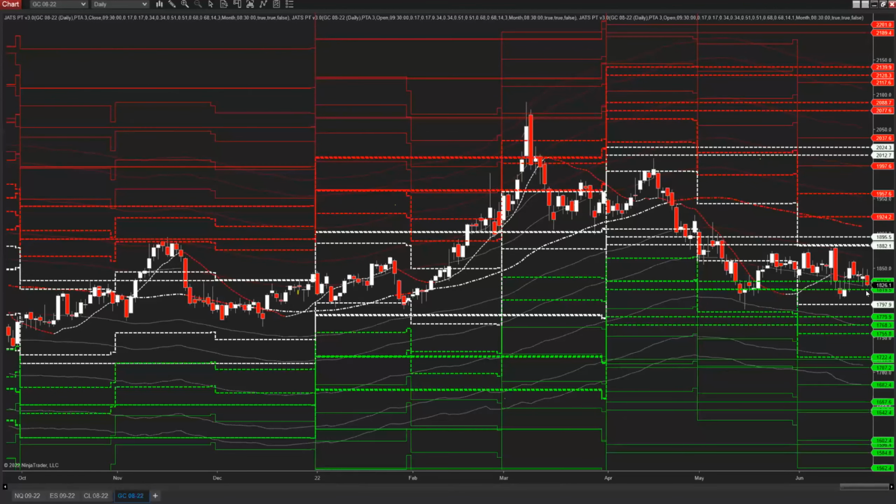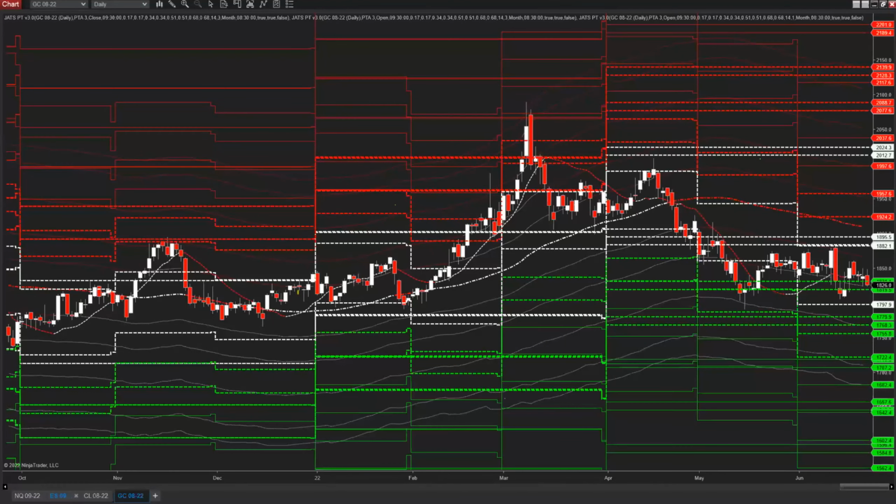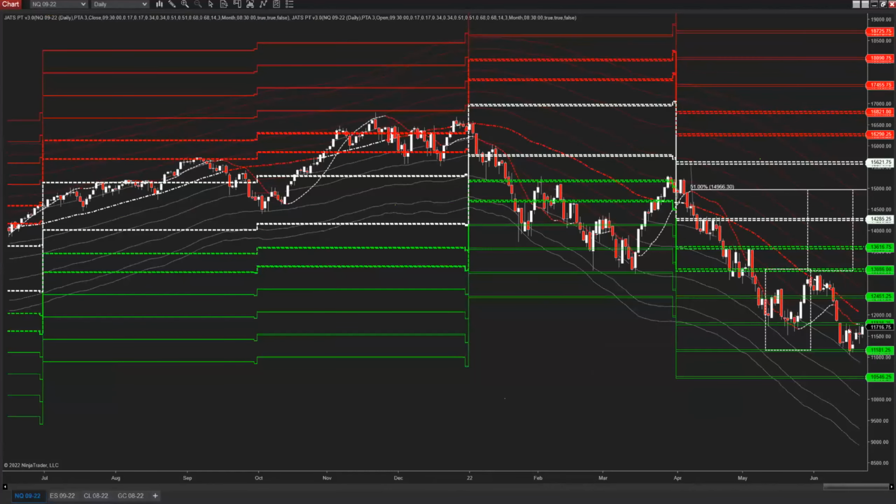So it is just hanging out, still inside the one, but you need to watch this closely. It'll probably move up a little bit, would be my guess, also for the end of the quarter and end of the month. So I would expect prices to start rallying a little bit because of that, end of the month, end of the quarter situation.